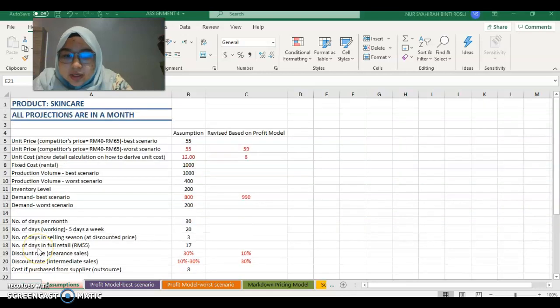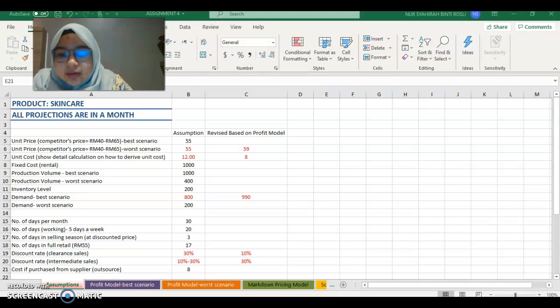For the unit price, I choose 55 ringgit because it is the perfect price for selling a skincare, and that is for best scenario. And for the worst scenario, at first I assume it to be 55 ringgit, but after revise based on profit model, the price became 59 ringgit.